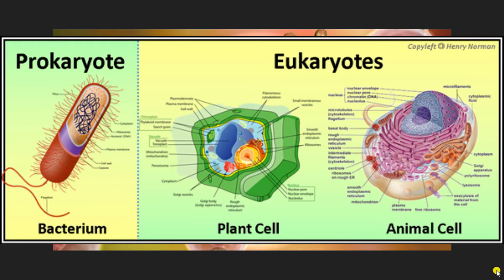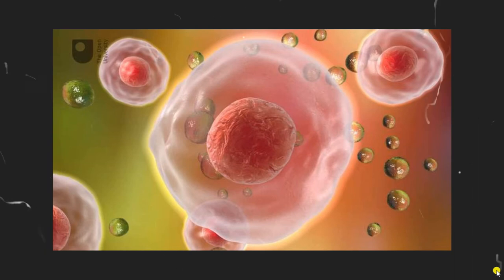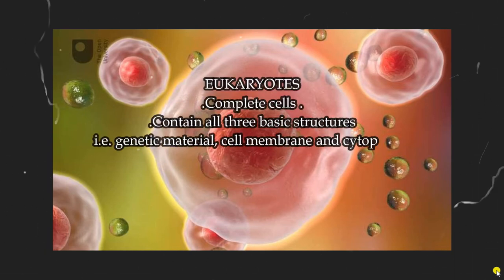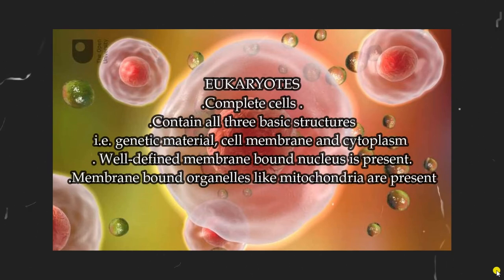So eukaryotes have the advanced and complete cell because basically whatever is supposed to be present in the cell, they all will be there, the organelles will be there. That's why it is called the complete cell, and these cells contain membrane bound nuclei. That means they will have a separate nucleus, bounded by a thin membrane, which separates it from the cytoplasm.